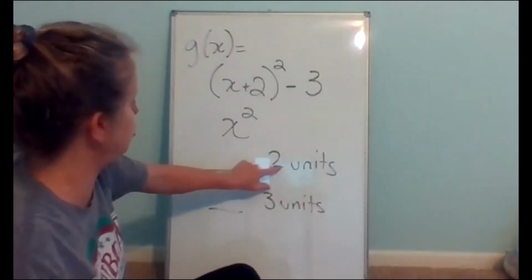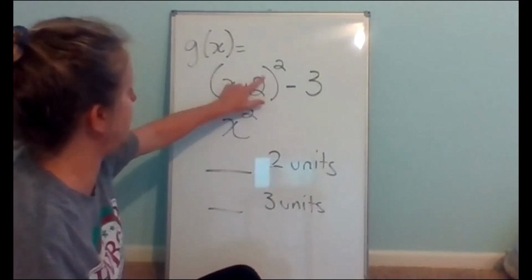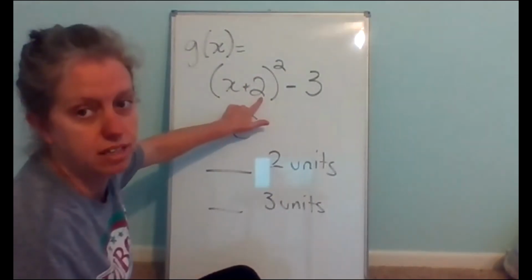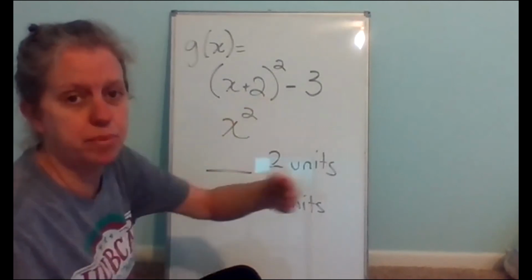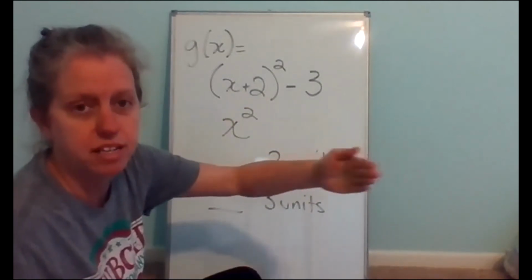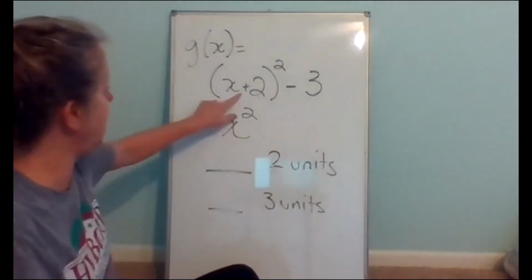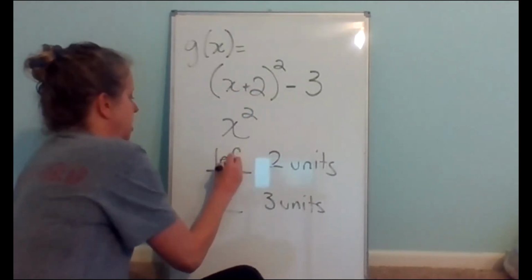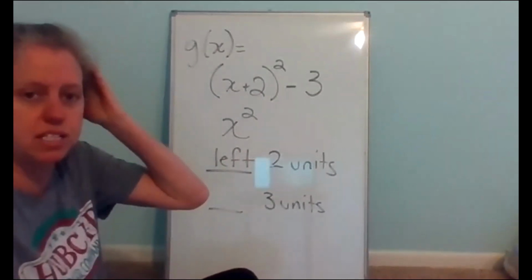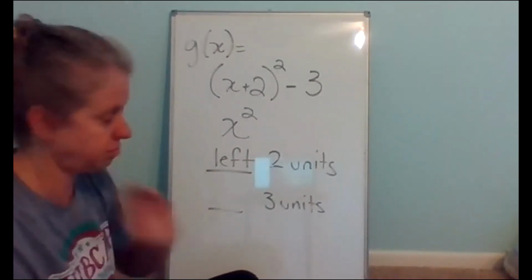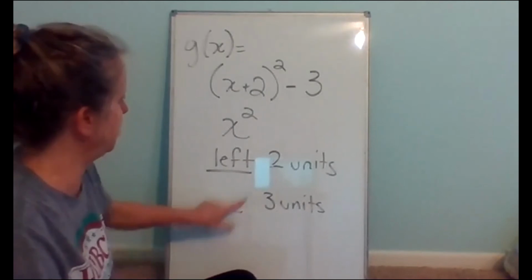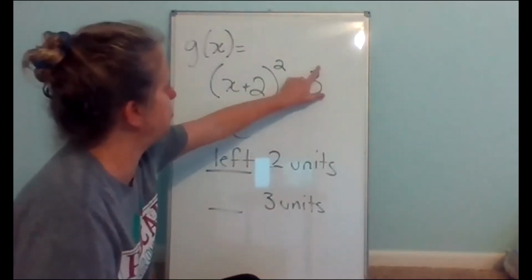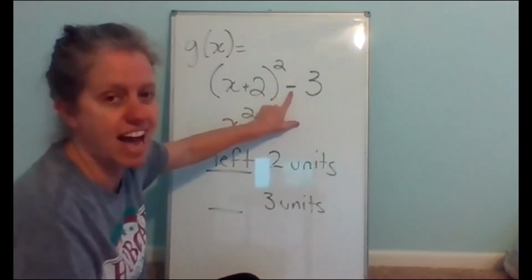So let's see. The 2 units is coming from this shift right here. Again, inside numbers shift you left and right, but you go opposite the sign. So since that's a +2, I'm actually going to shift to the left 2 units. And the 3 units blank, that's going to come from this number. It's an outside number.